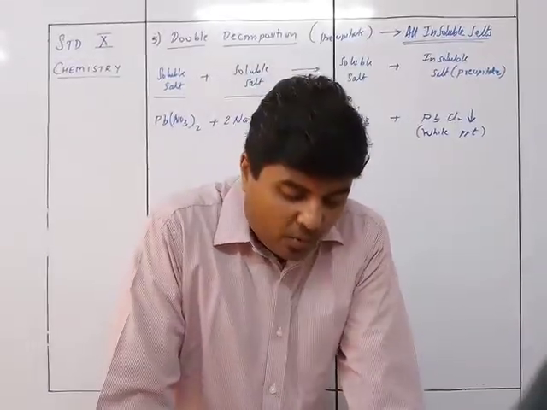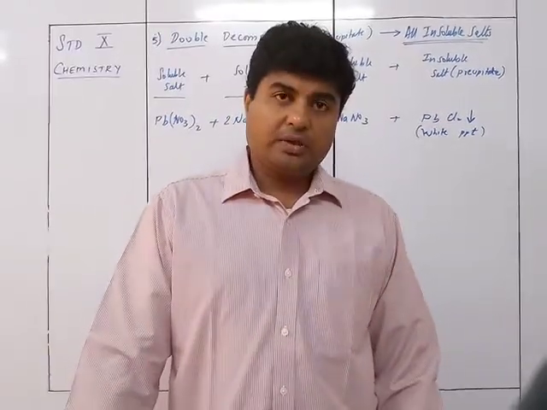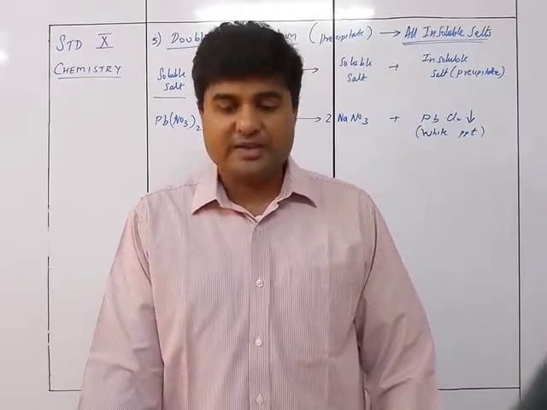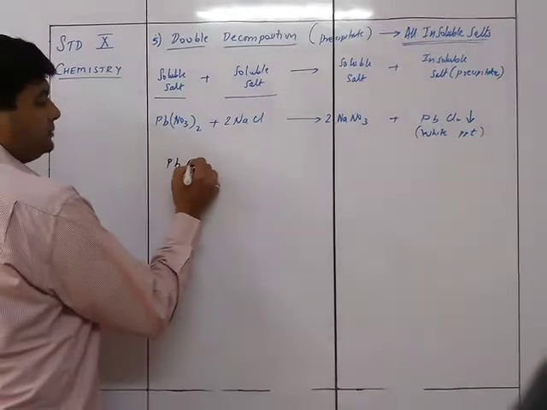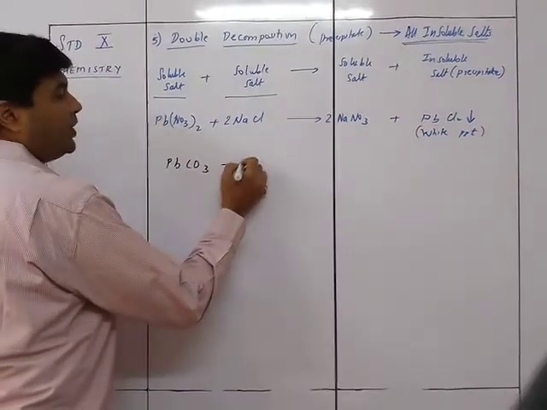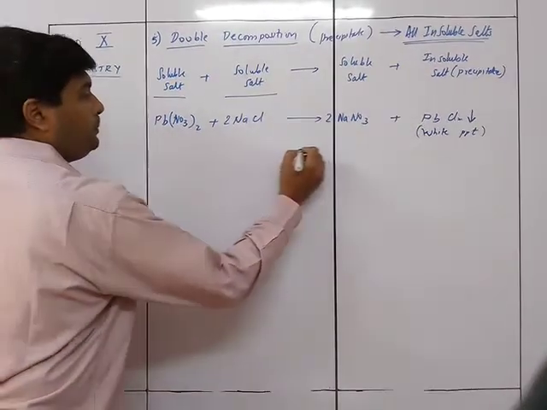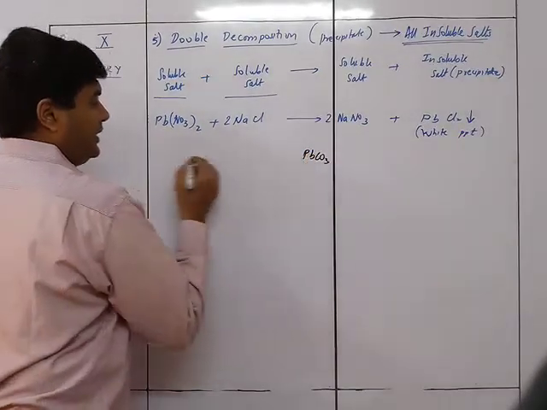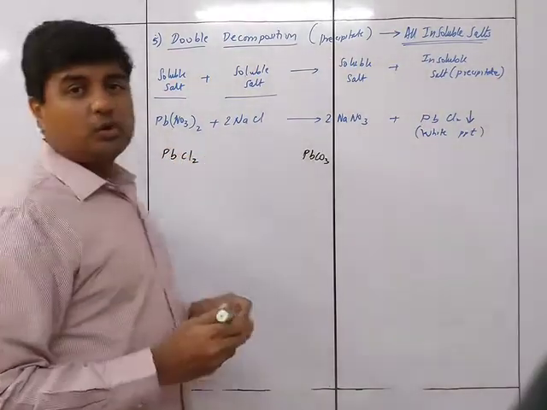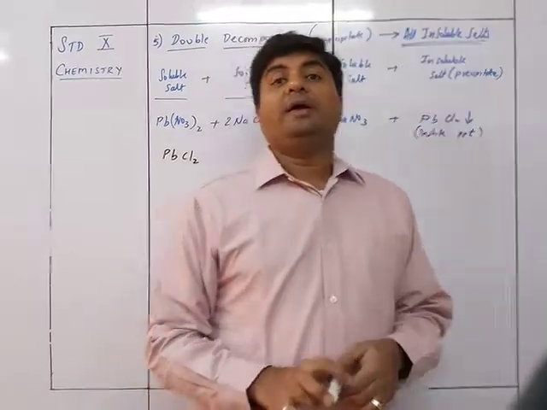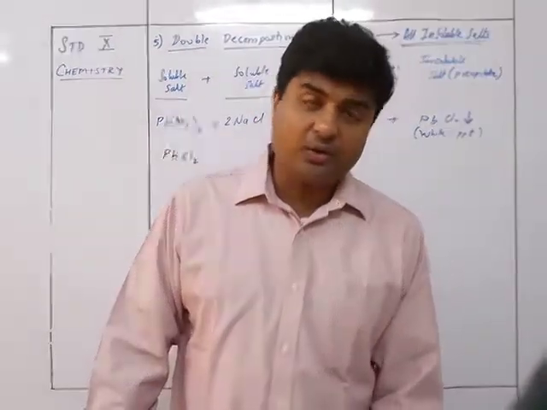For example, if I want to prepare PbCO3, which is insoluble, since we know carbonates are insoluble, and I want to use PbCl2. I know that PbCl2 is insoluble in cold water but soluble in hot water, so definitely we are considering only cold water here.